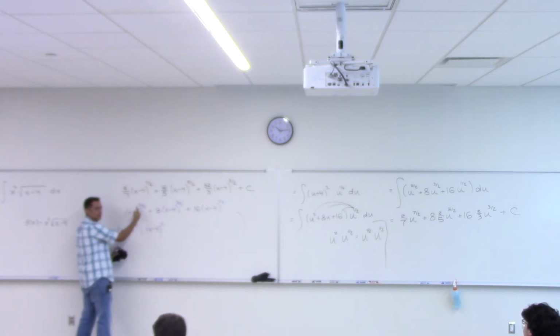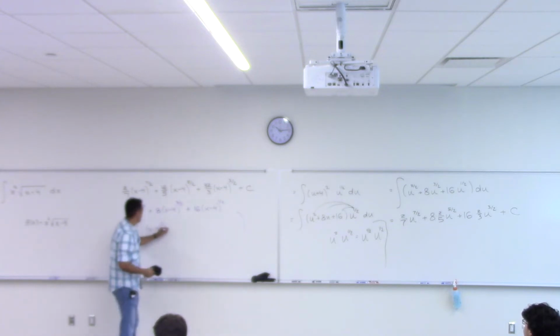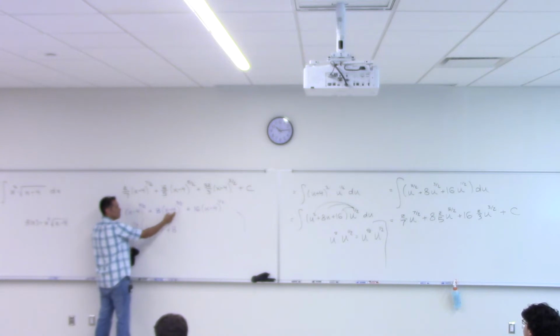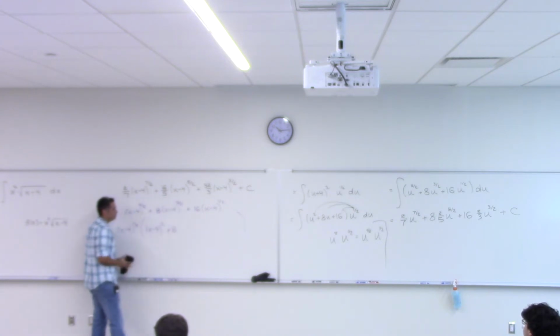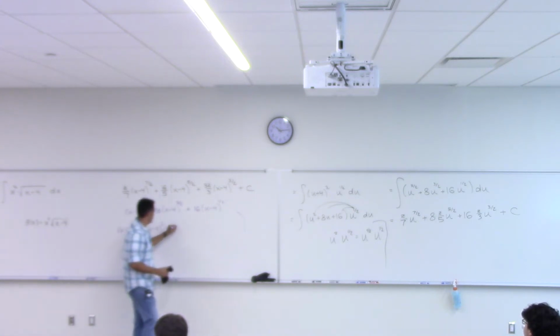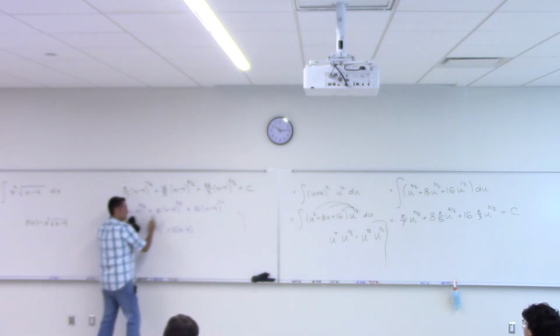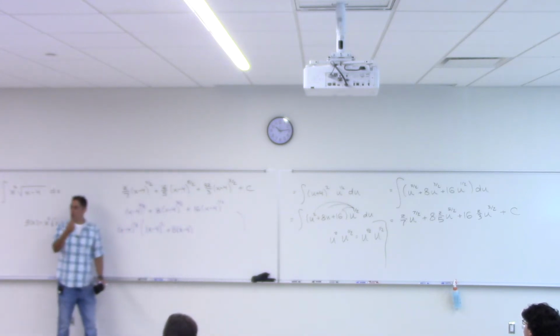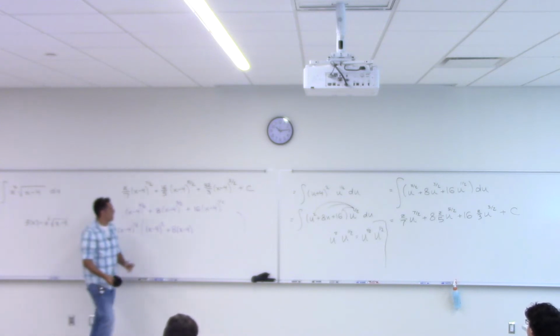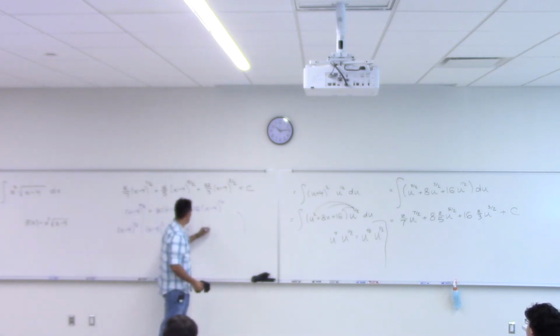Make sense? Plus now 8. I took out an x minus 4 to the half from this, so what would be here? Just x minus 4. Because if I do this times this, you would add the exponents. 1 plus a half would be 3 halves. And my last one? Plus 16.